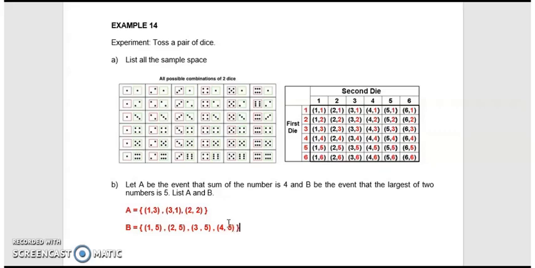So 5 5 is not included because it is the same number, but B here is defined as the largest of two numbers is 5. So until 4 5 only. Okay, so that is an example of an experiment and how we list all the possible outcomes.